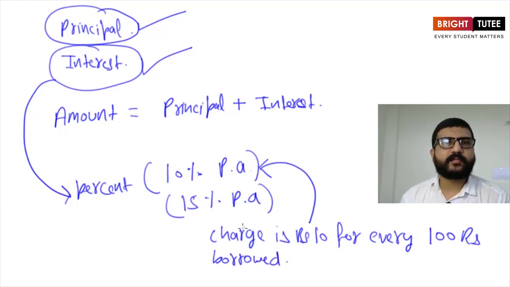It means we have to pay the interest of rupees 10 on every 100 rupees which we are borrowing in 1 year, as it is per annum. So we have to pay a charge of rupees 10 for every rupees 100 borrowed in 1 year. That means 10% per annum. Similarly, for 15% per annum, it will be rupees 15 for every 100 rupees borrowed in a year.